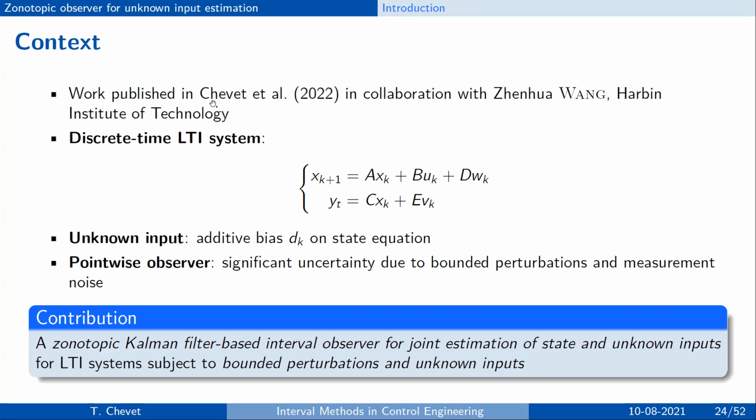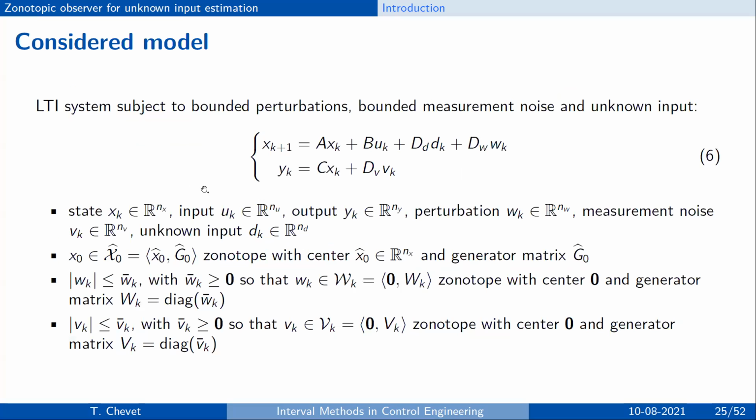So we proposed, in a paper published this year in collaboration with Zhenhua Wang, a zonotopic Kalman filter interval observer estimating both state vectors. To be more precise, we consider the system with the additive bias here.